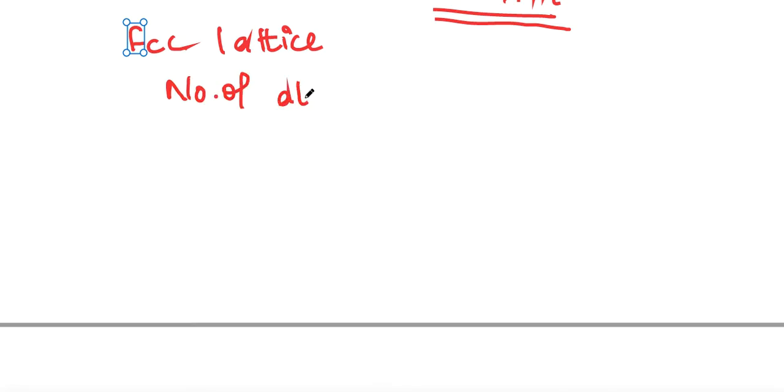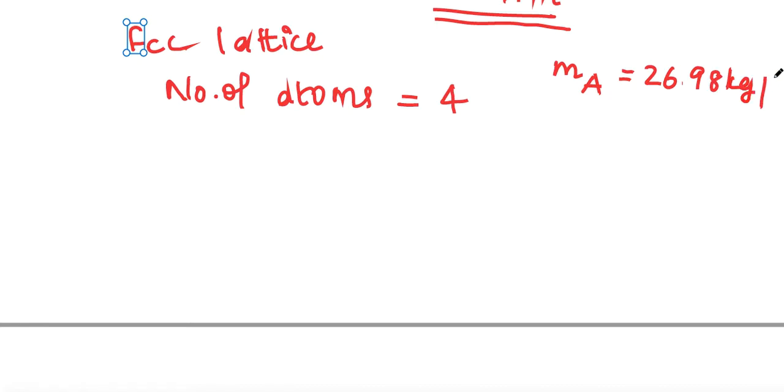Now it is given that the structure is an FCC lattice. For an FCC lattice, the number of atoms in the unit cell is 4. This can be easily proved, but there is no need to prove it here. Now we are given the atomic weight Ma equal to 26.98 kilogram per kilomole, and the density rho equal to 2698 kilogram per meter cube.